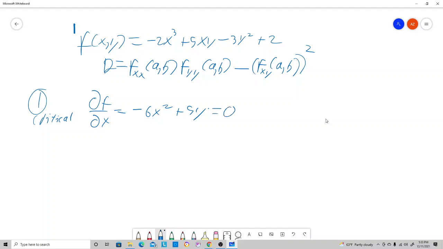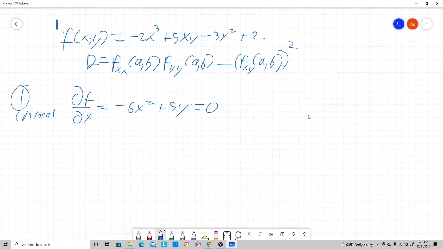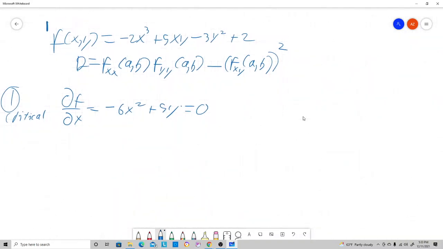Right now it's really hard to tell what it is, so because of that we're going to have to do a system of equations. We can take the partial of f with respect to y.